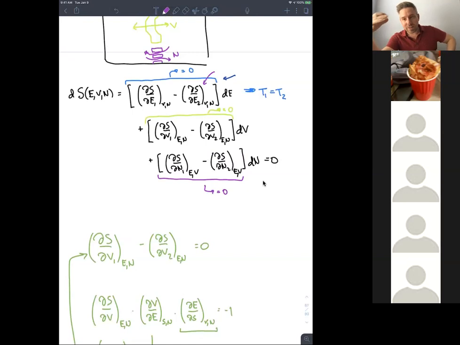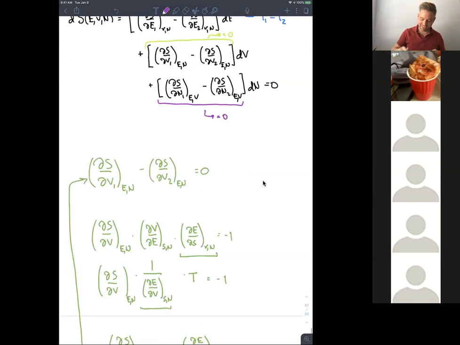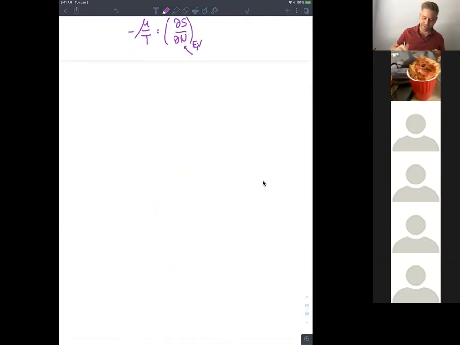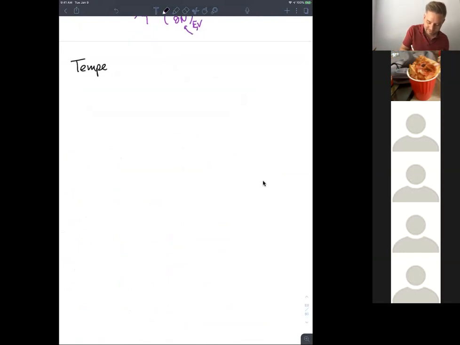Okay, so we're going to take all this machinery we just put together and apply it to a specific system. Can you guess what that specific system is going to be? The ideal gas. All right, so let's go back to our good buddy, the ideal gas. So let's talk about temperature and entropy of the ideal gas.